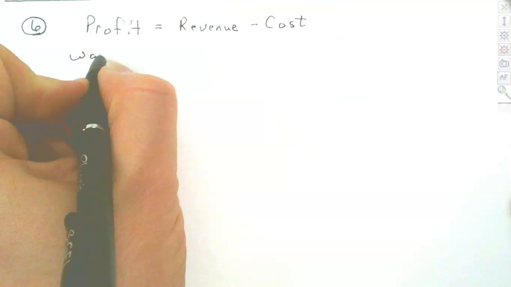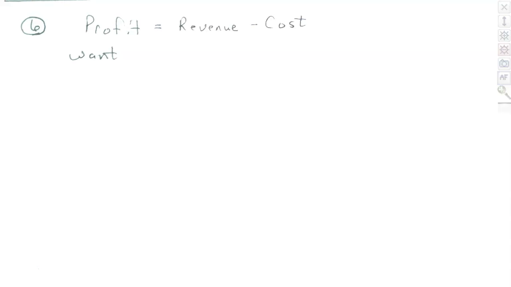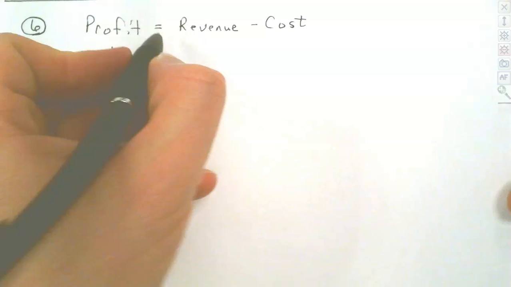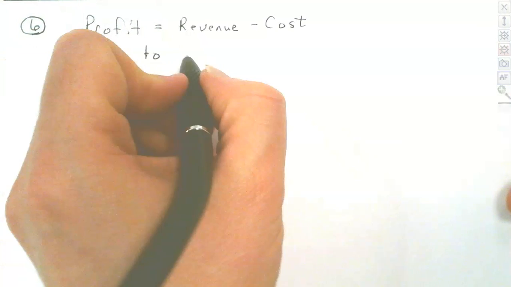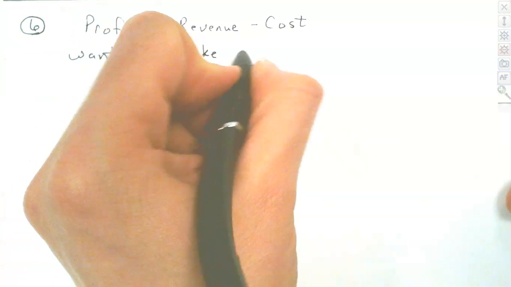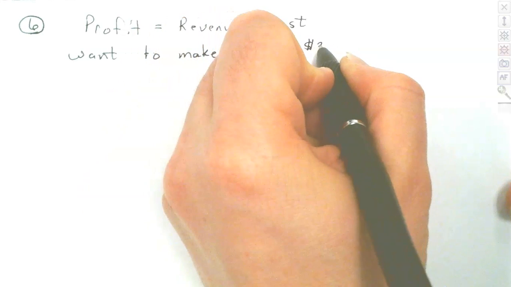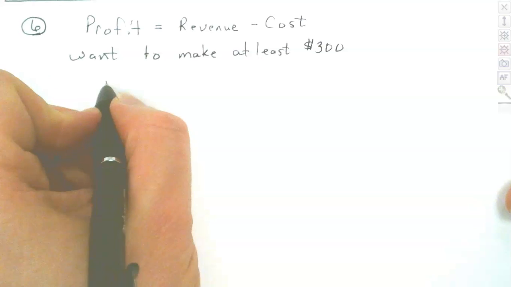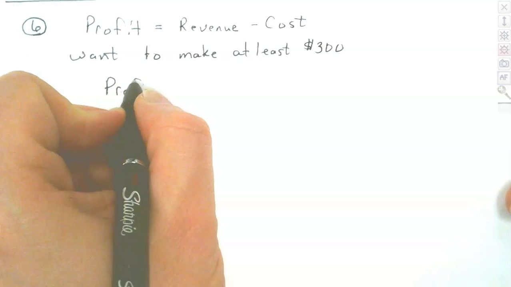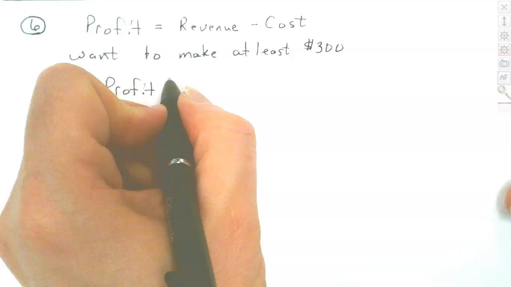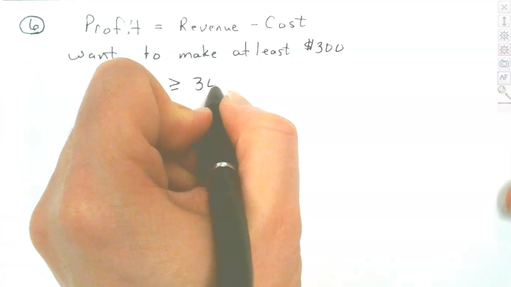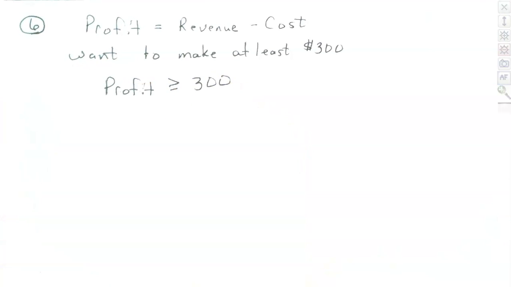Well, in this case, we want to make at least $300. So that means my profit now must be greater than or equal to 300. So that's what I want. I want my profit to be greater than or equal to 300.